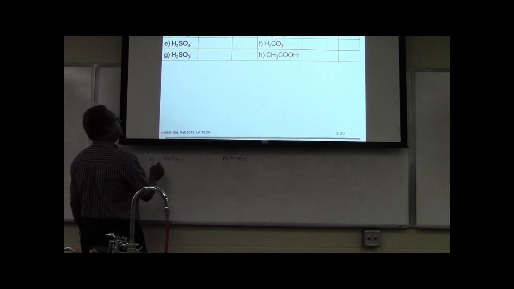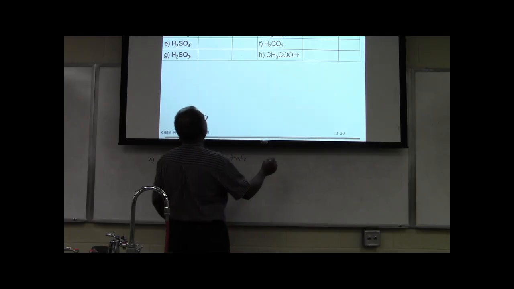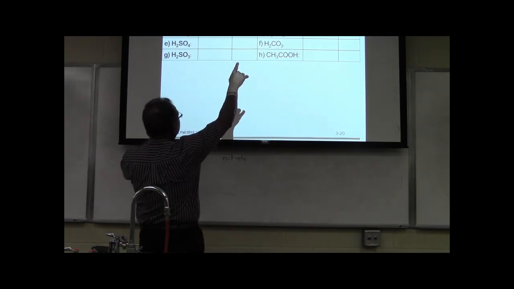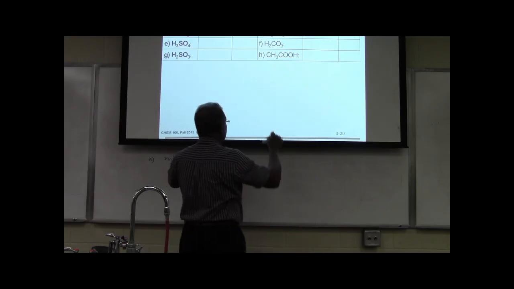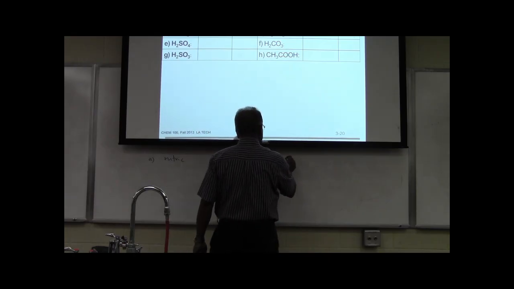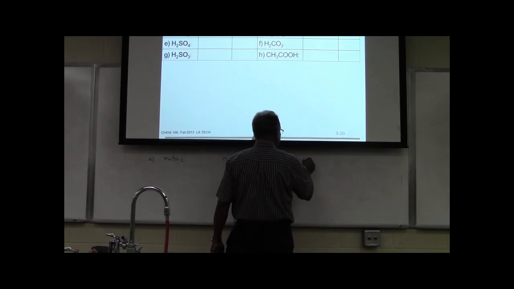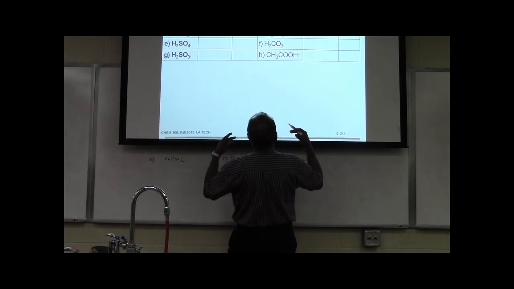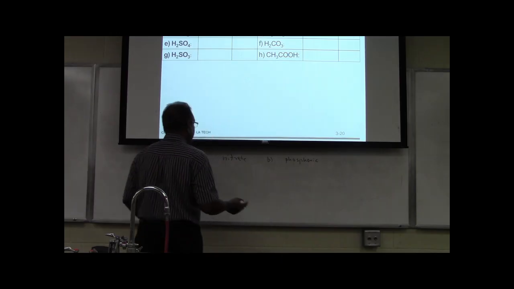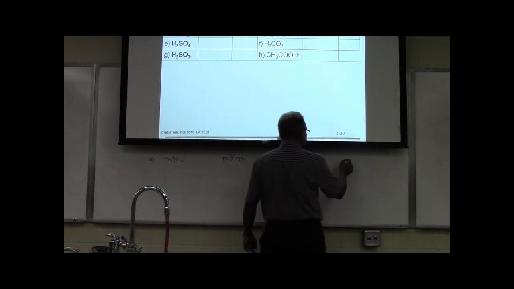Okay, B. Oh wait, B. No. B is here. Okay. Phosphoric, right? Of course, acid. All right. You normally call it acid. Phosphate ion.